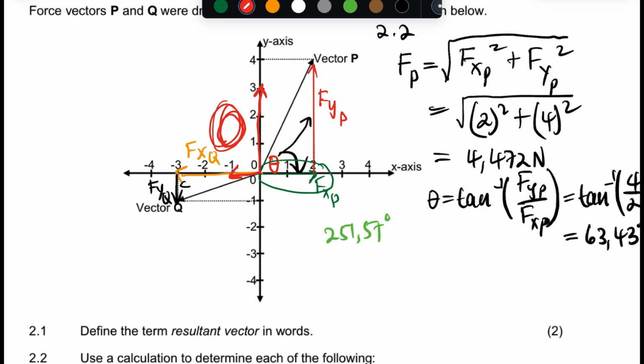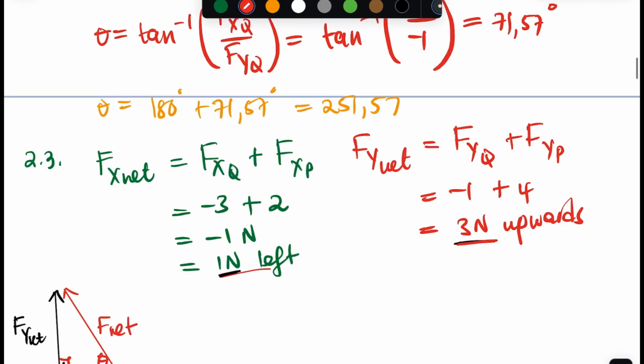So it's in this quadrant, right? Guys, if you really understand what we are doing, which quadrant is that?